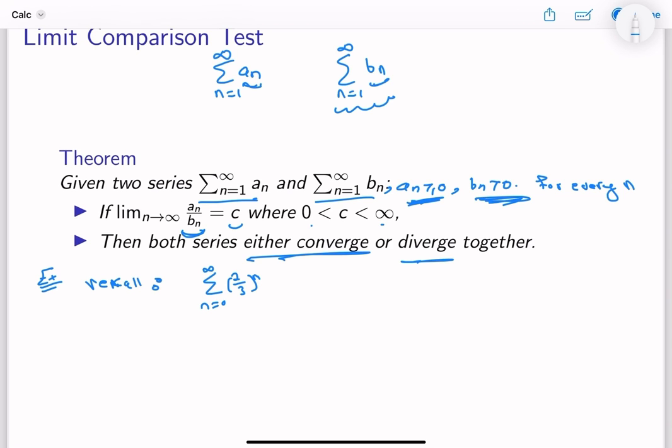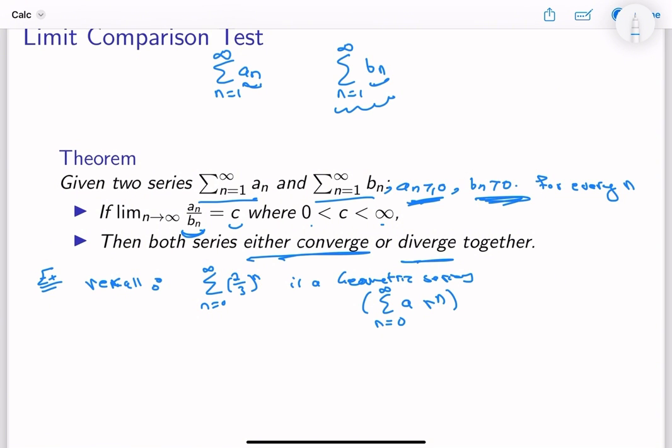We know that this is a geometric series, because recall geometric series take the form the sum of a times r to the n from n equals 0 to infinity.